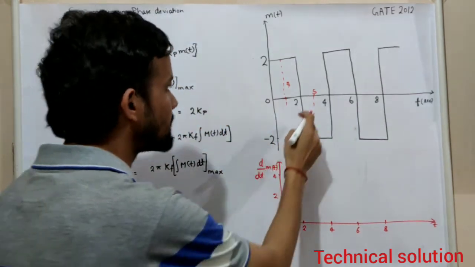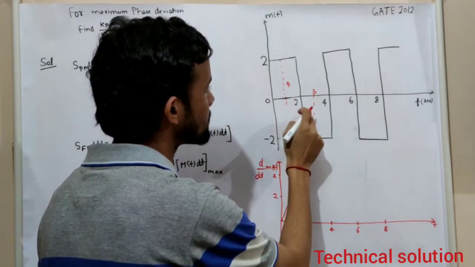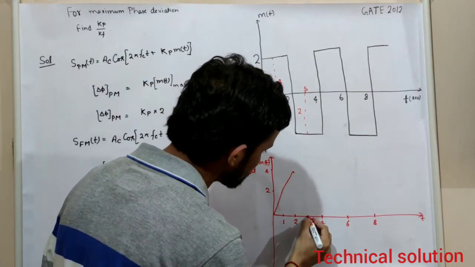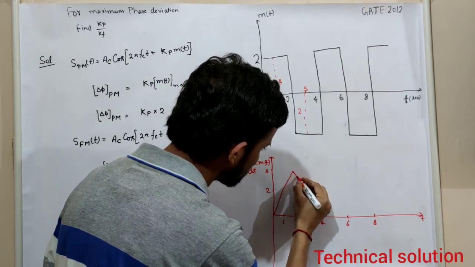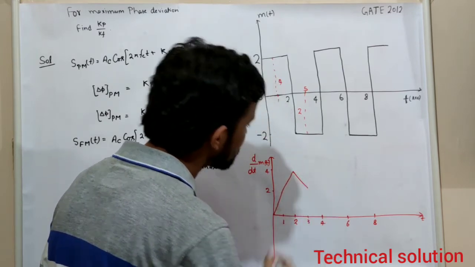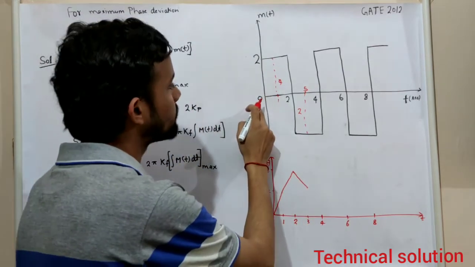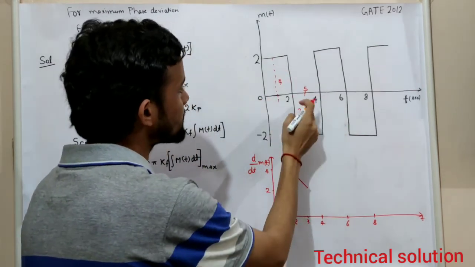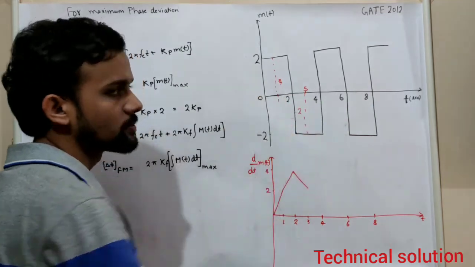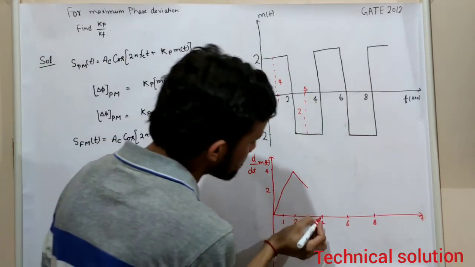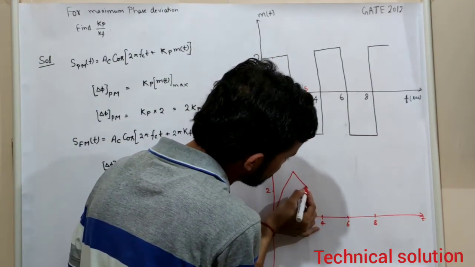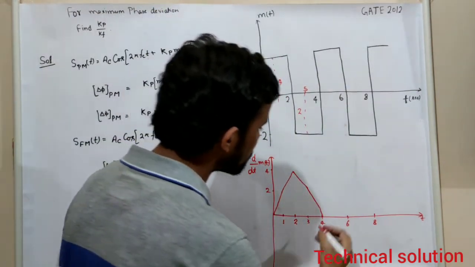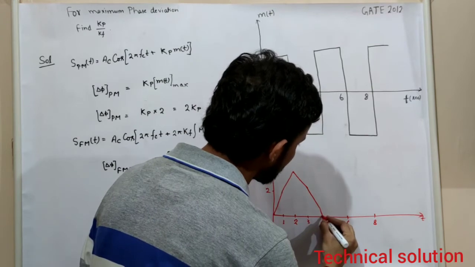This area should be subtracted from this. This is 4, this is minus 2, that is 2. And the area between 0 to 4 is 4, and the other area is also 4. Then this area is subtracted from this, that is 4 minus 4, that is 0, and its slope is extended towards 0. And this is a repeated signal, so it is also repeated.